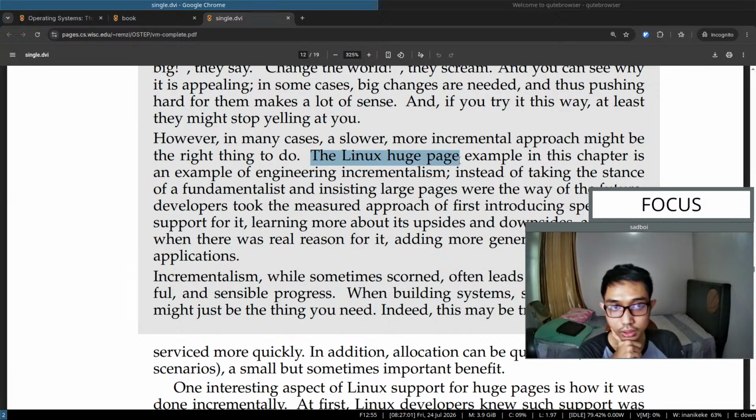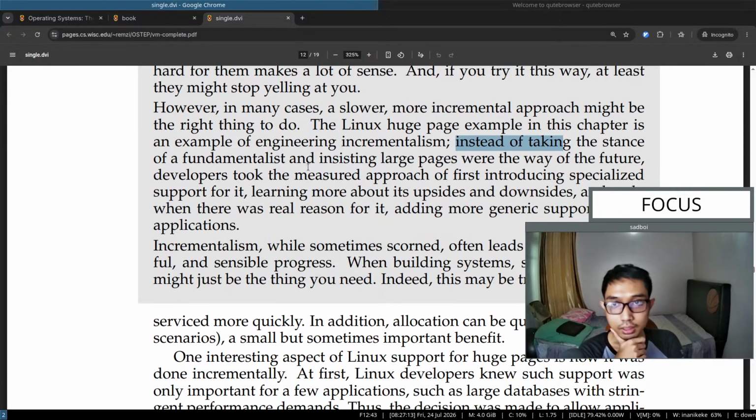The Linux huge page example in this chapter is an example of engineering incrementalism instead of taking the stance of a fundamentalist and insisting large pages were the way of the future.